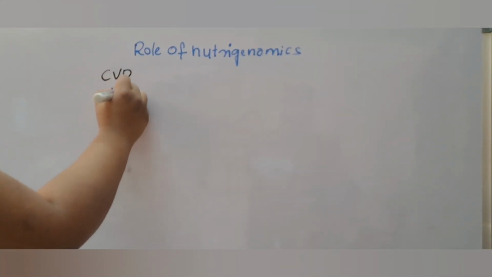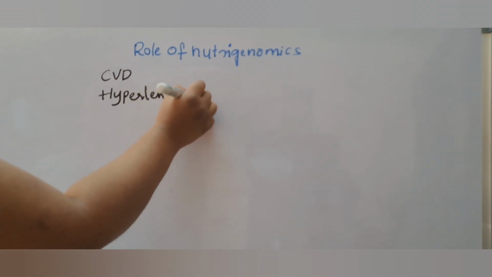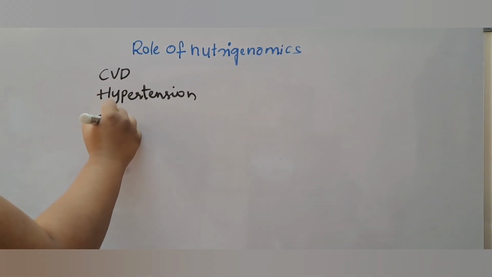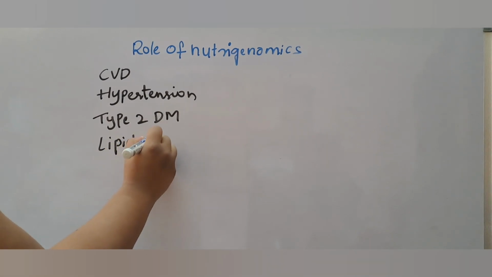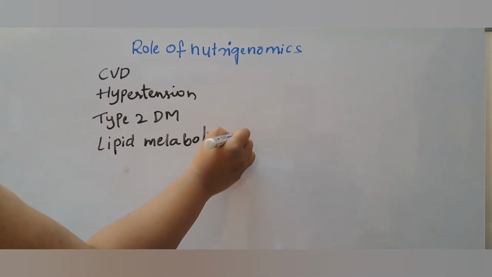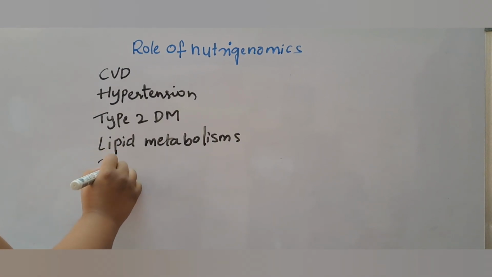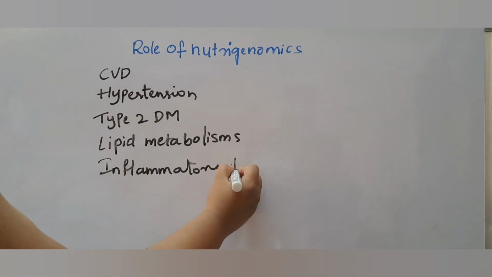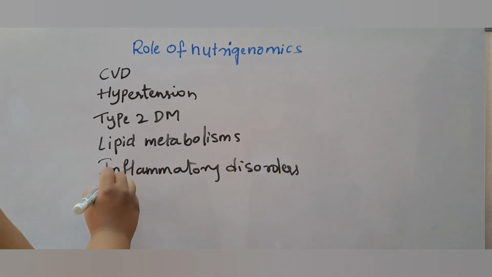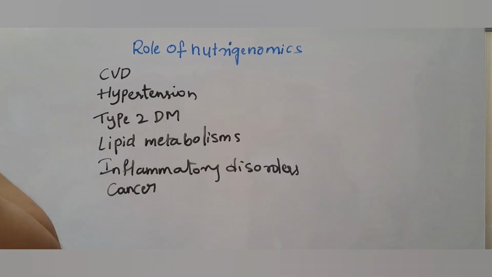Okay, so generally there are many metabolic disorders. In this chapter we are covering metabolic disorders like CVD, hypertension, type 2 diabetes, lipid metabolism, inflammatory diseases or disorders, cancer, and obesity also.